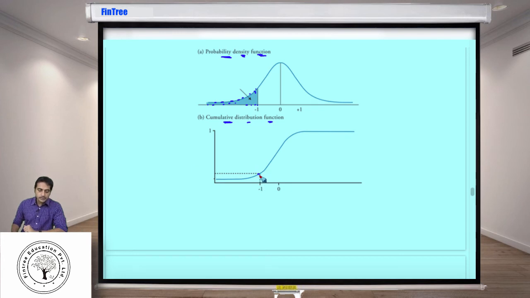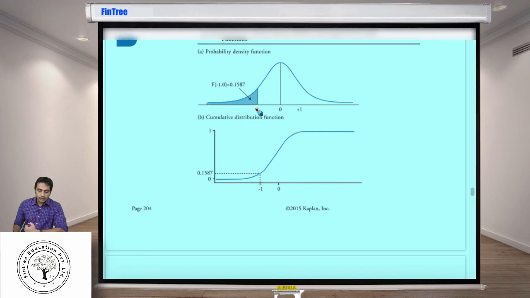Just by looking at this point, it will give you the cumulative probability. If you want to look at the probability on the left of +1, you just look at this point and it will give you the probability. It is giving you the cumulative distribution, whereas this was just giving you the probability of that region. I don't know if I'm making sense here.